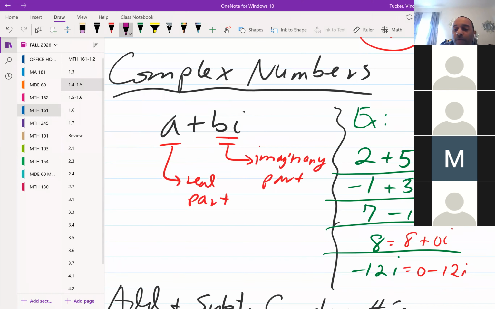Then I say 8 can be written as a complex number, not as imaginary, but as a complex number, just 8 plus 0i. And then negative 12i, you can write that as 0 minus 12i. Real part would be 0.